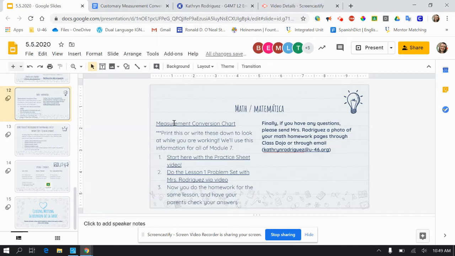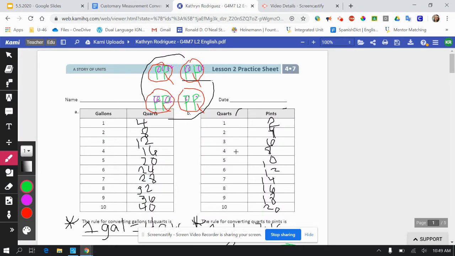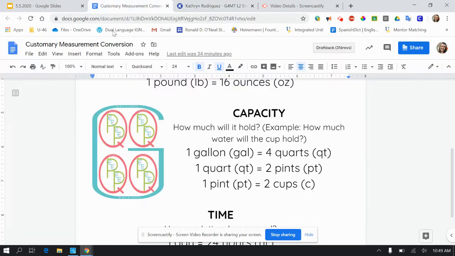Now, the next thing in our lessons is a practice sheet video. If you have not yet done the practice sheet in your Module 7 workbook, that is on page 7. There is a video. I've already gone over this. We've looked at what I like to call the gallon man. There's another gallon man drawing right here.